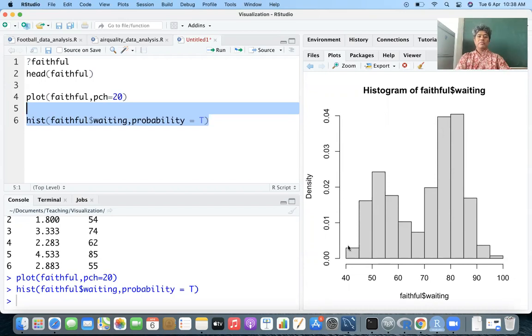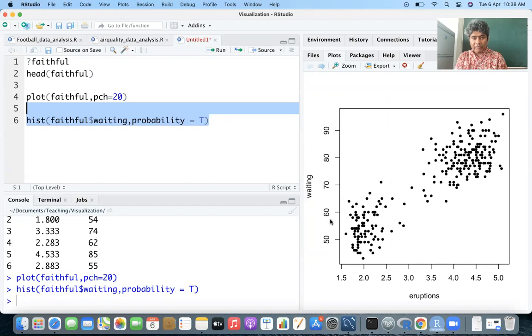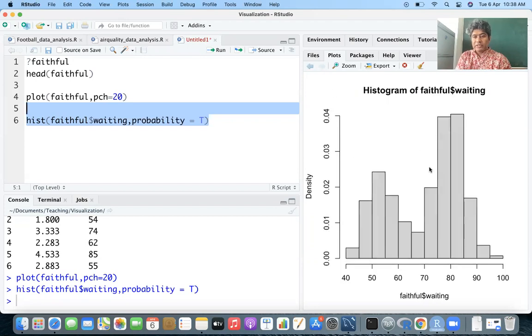The histogram clearly tells us there is a mode somewhere around 50, 55, so there is some concentration happening here and some concentration happening around 80. So clearly it's a bimodal distribution.